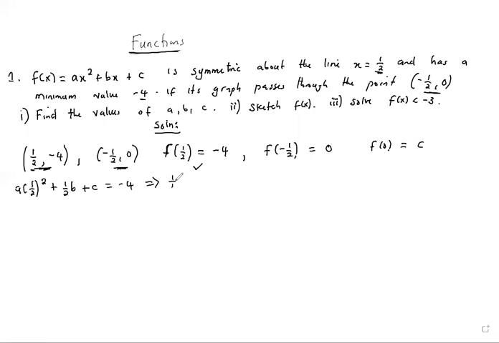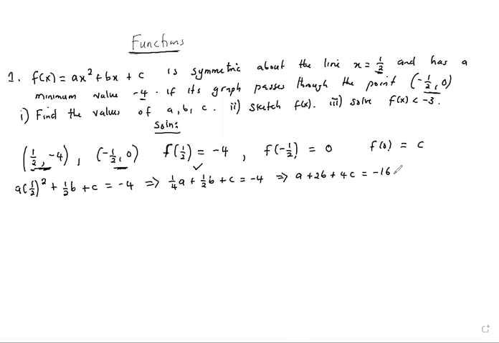So we have 1/4 a plus 1/2 b plus c is -4. If we multiply throughout by 4 to get rid of the denominator, we'll have a plus 2b plus 4c is -16.